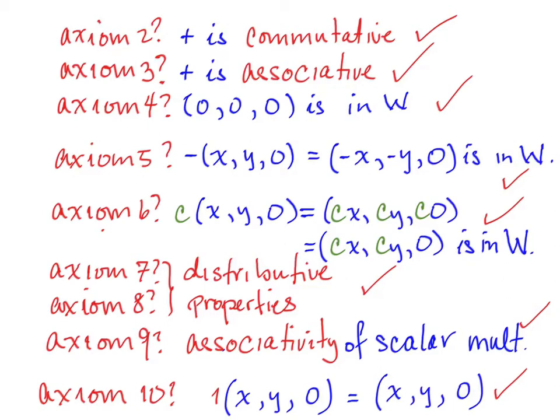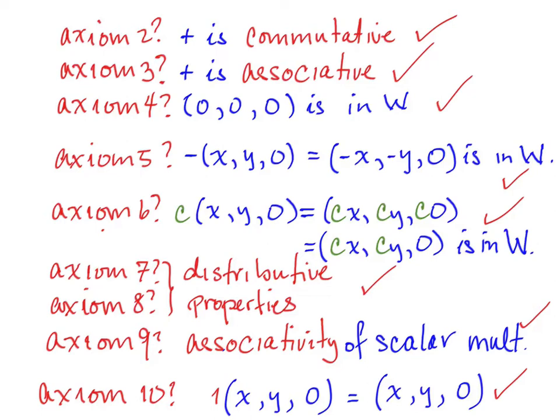So there were really only a couple of things we needed to check here. We needed to check that it was non-empty, closure under addition, and closure under scalar multiplication. And we sort of had to check also that we had an additive inverse and a zero vector, or additive identity vector.